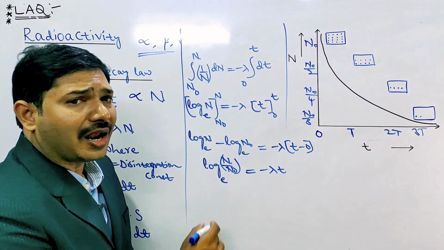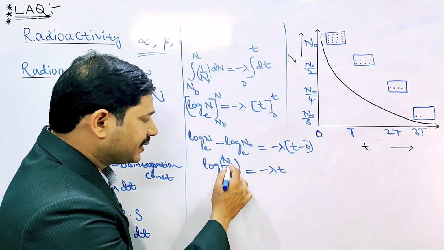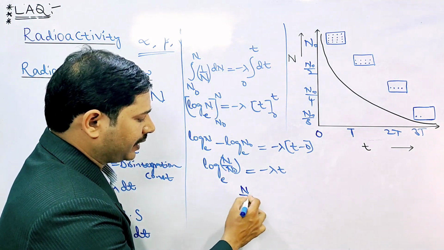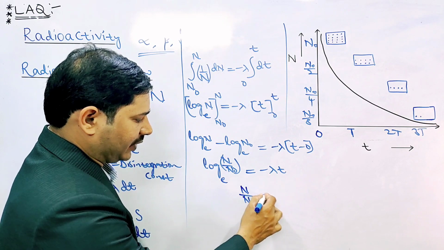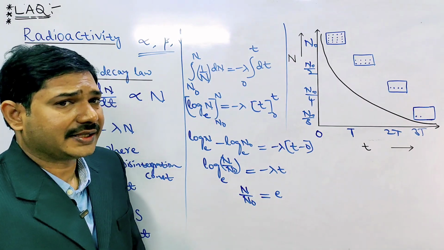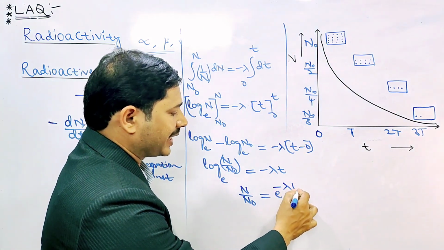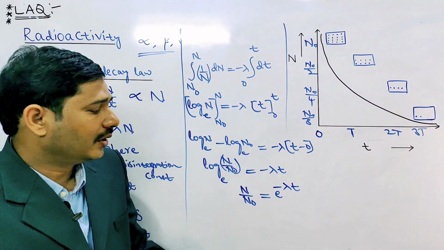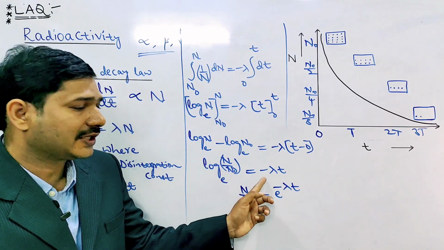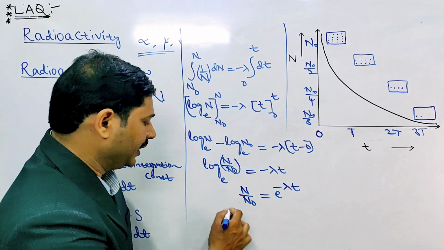Now I am writing the log form in exponential form. N by N naught is equal to e power minus lambda t.